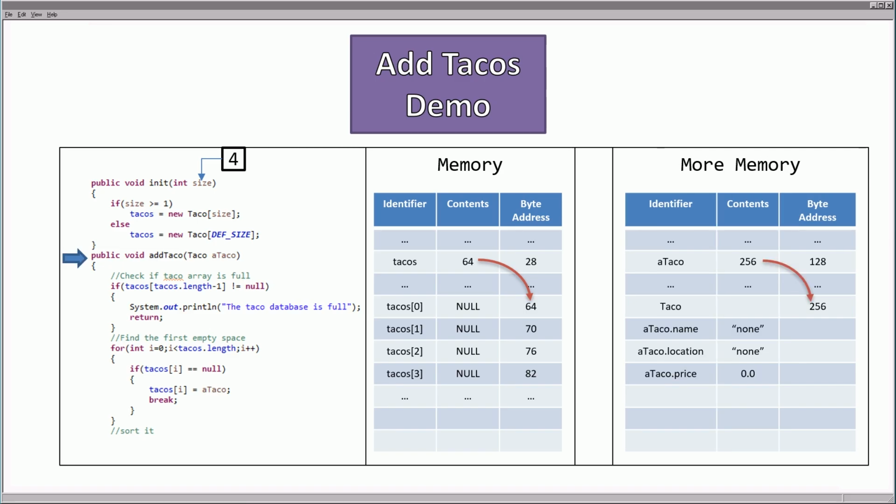If we once again assume that the parameter aTaco had been constructed outside of this, this indicates that this identifier has been assigned the value 256, which references this taco object. To avoid confusion, I didn't put the memory addresses here, but you can just assume that this taco is at memory address 256, and we can access the information, the name, location, and price given this one taco.